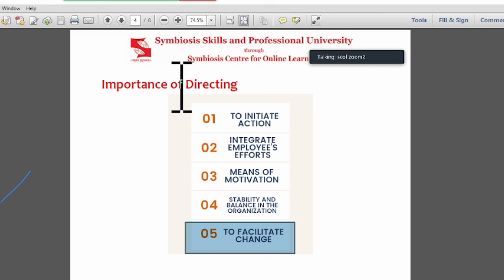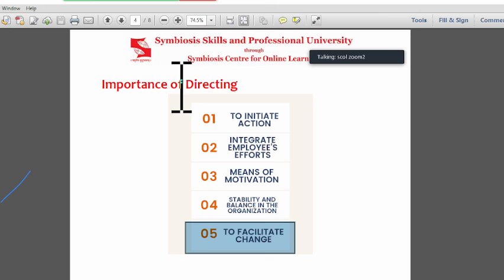Top level will also include middle level and lower level managers. They will all be responsible and party to seeing that these changes are brought about in a positive manner, so that the organizational goal is accomplished.